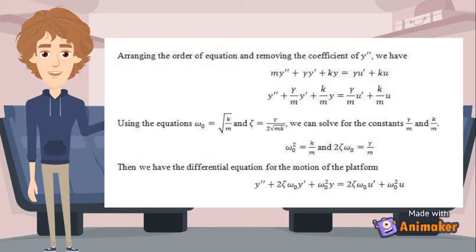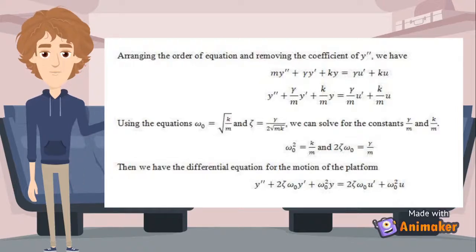Arranging the order of the equation and removing the coefficient of y double prime, we have y double prime plus gamma over m times y prime plus k over m times y is equal to gamma over m times u prime plus k over m times u.